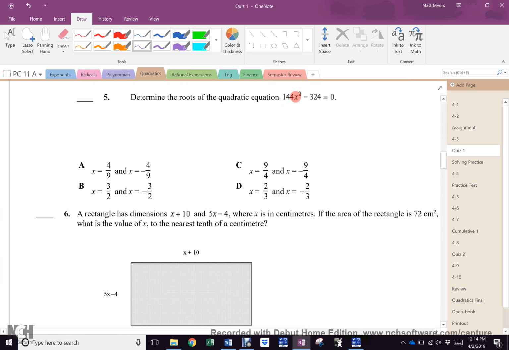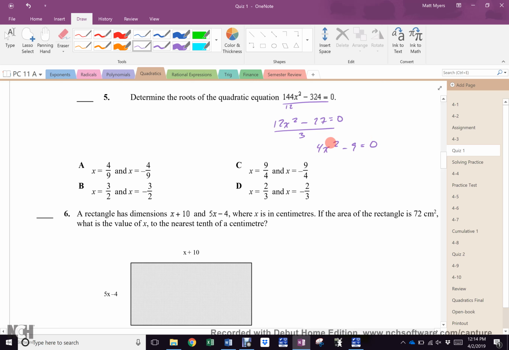What's ugly here? Factor it out. What can come out? You can bring out 12, and that gets you 12x squared minus 27 equals 0. You can factor that again. Take out a 3. 4x squared minus 9 equals 0.